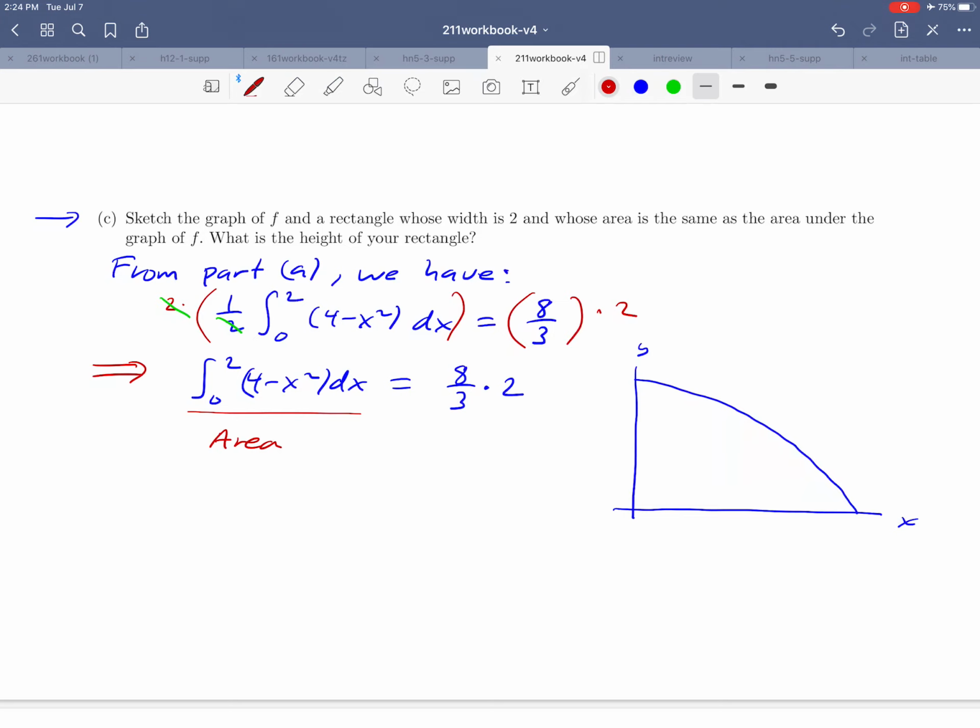And the right-hand side of our equation suggests how we might do it. Think of the 8/3 as being the height that we want, and the 2 as being the width that we want. If we draw a rectangle that has a width of 2 and a height of 8/3, this number happens to be 2 over here, we're going to get a rectangle that looks like this.